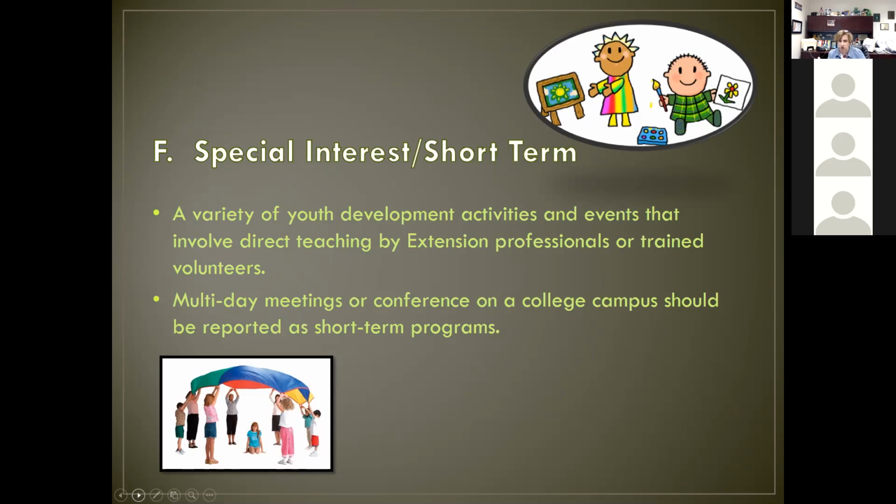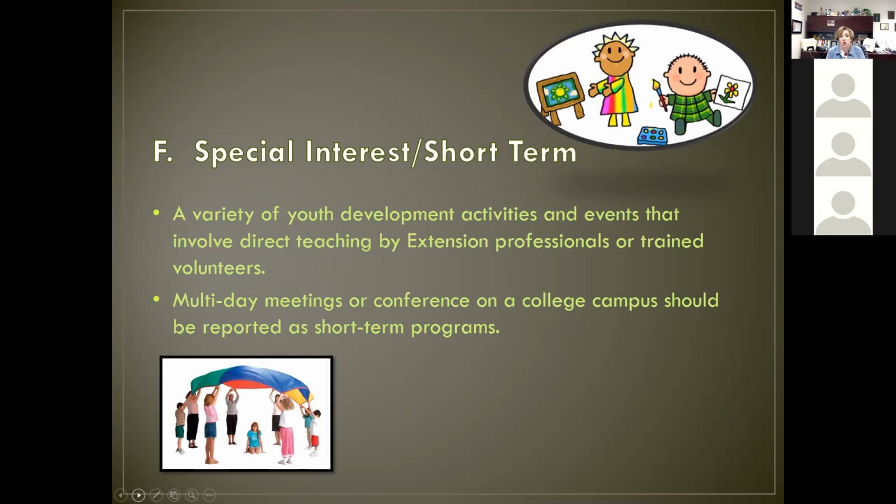That would be an educational event. Technically, we say it should have at least 6 hours of education. I do tend to be a little bit more lenient on that. I want it to have an educational component. I don't want it to be just going in and talking about 4-H.